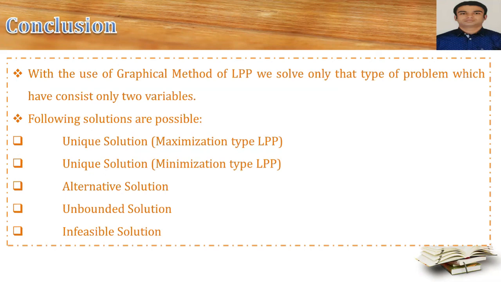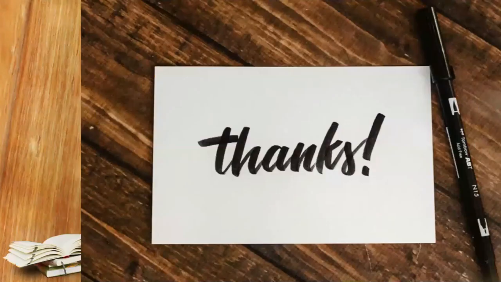And in the graphical method, we discussed the unique solution with a maximization type of problem, the unique solution with a minimization type of problem, alternative solution, unbounded solution, and infeasible solution. Five cases are possible in the graphical method. So we discussed all five cases in today's session.